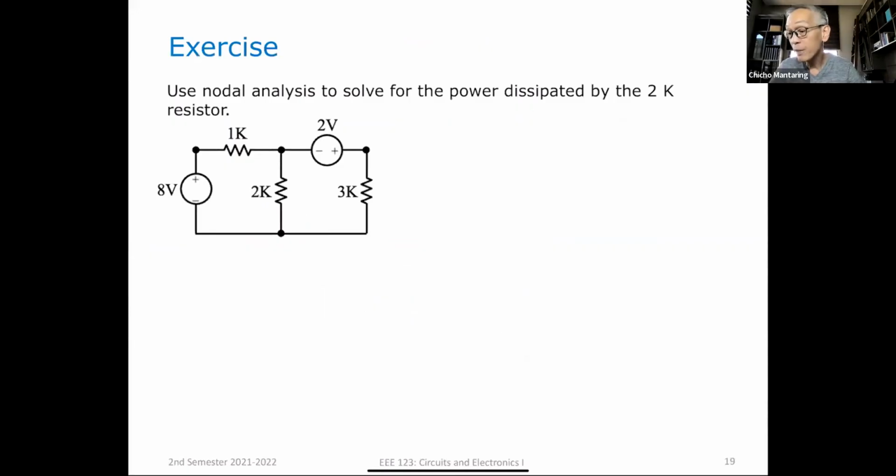Okay, so here's a very simple problem. Use nodal analysis to solve for the power dissipated by the 2K resistor. How do I solve this? There are actually several ways that you can solve it.